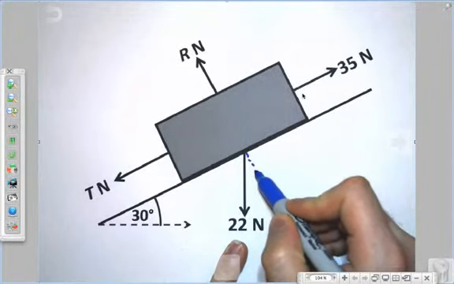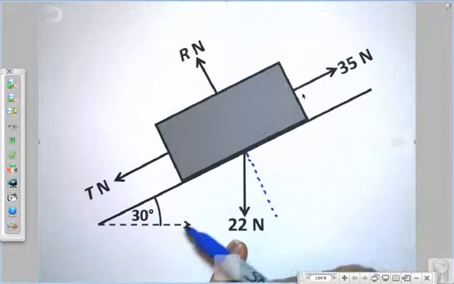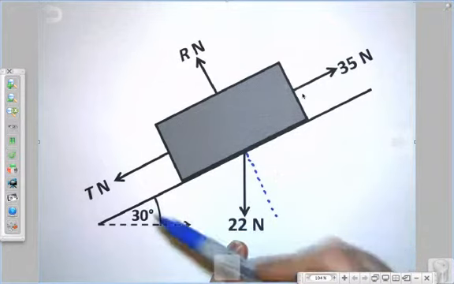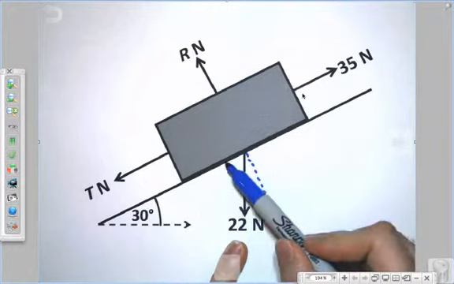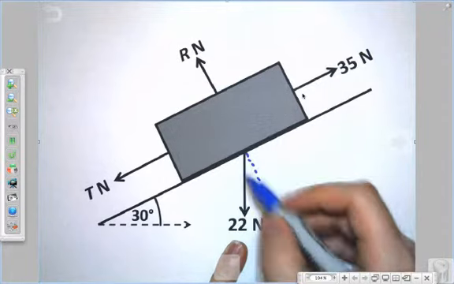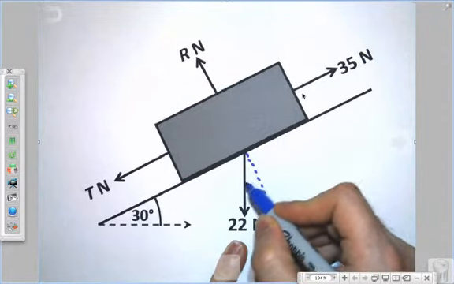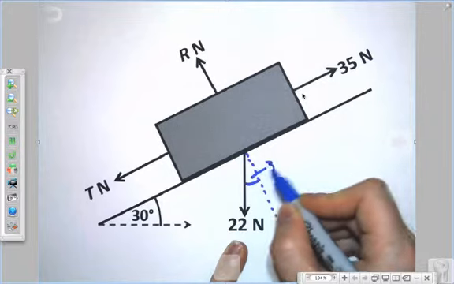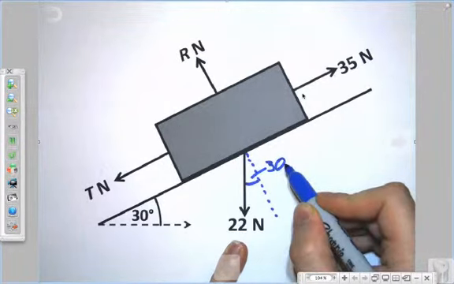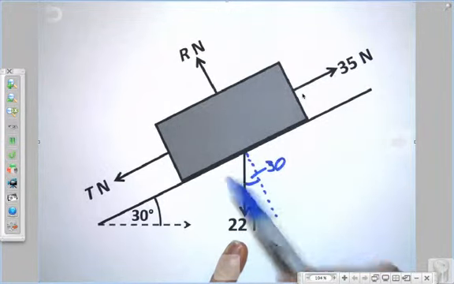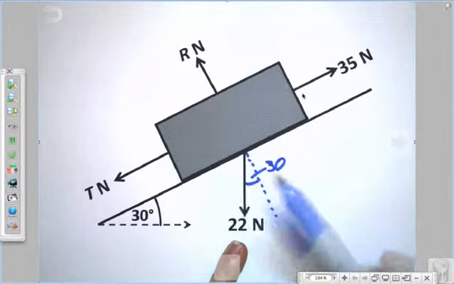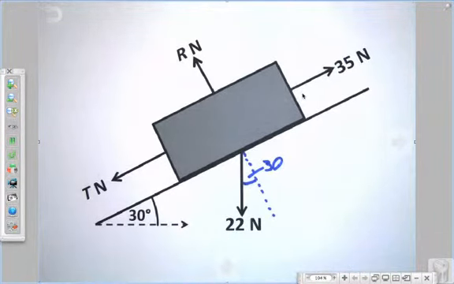Now, if we look at this as being a right angle triangle, if that's 30, we know that bit would be 60, so this bit would be 30. It's always better to stick with the angle that you know. So we know that that's 30. In this case, it would be easy to call that 60, but in other cases, if you stick with what you know, it tends to work a little better.